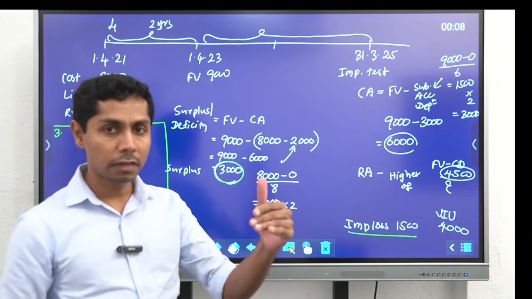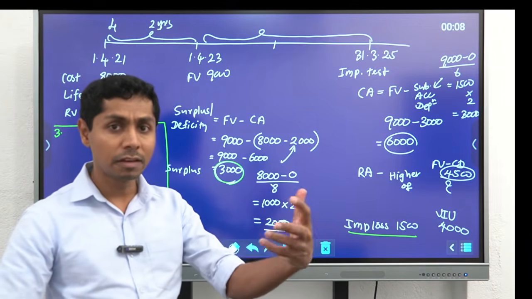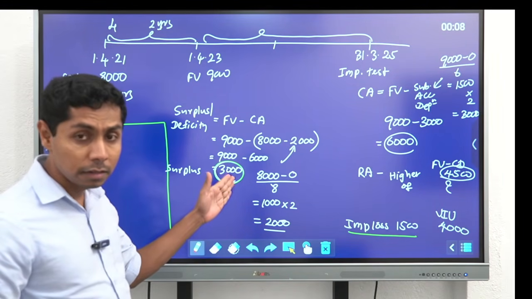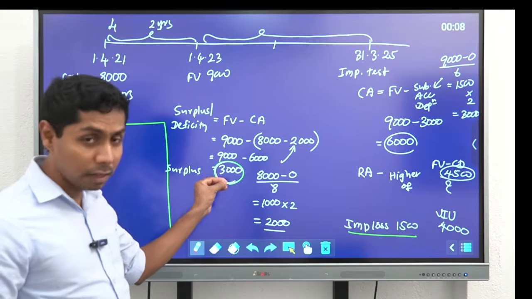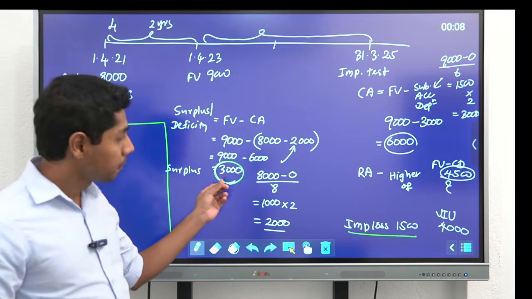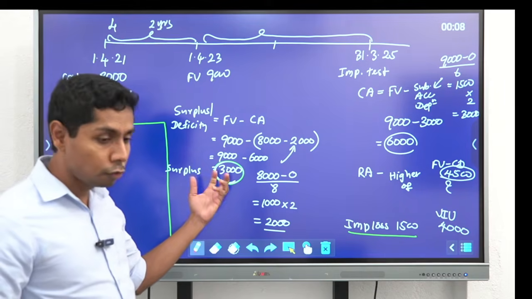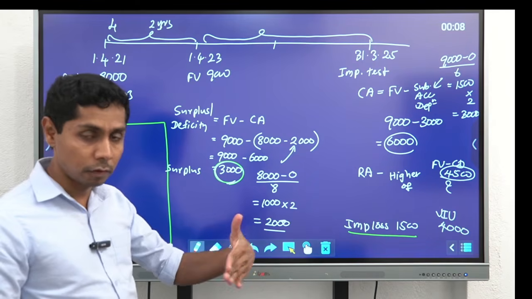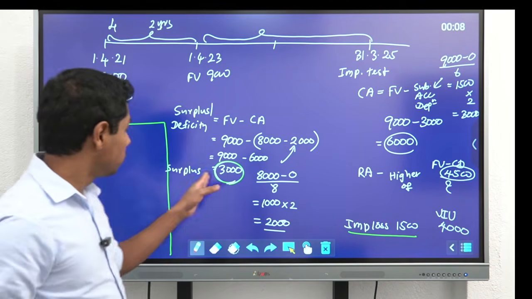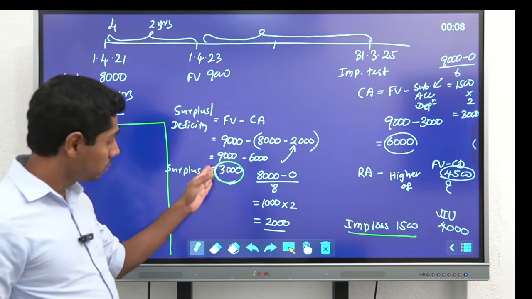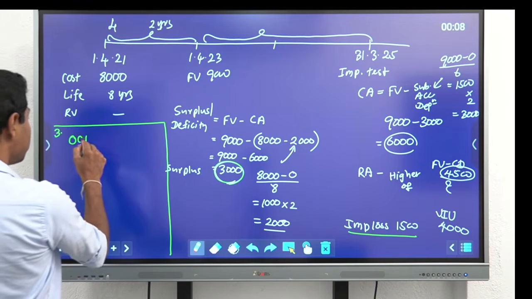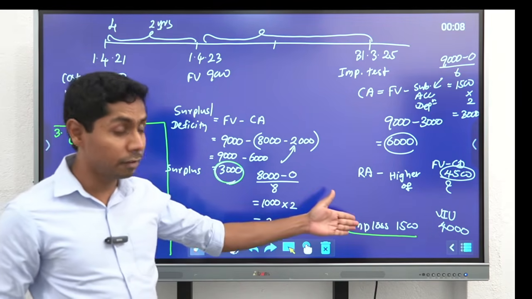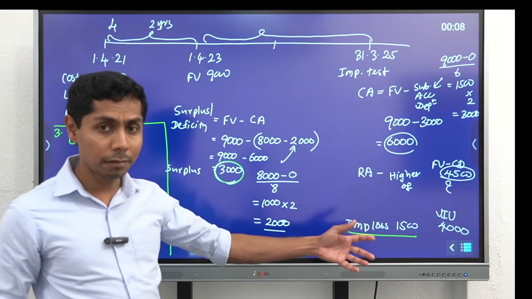As we are going with the revaluation model, it is treated as a revaluation deficit. We have a previous surplus, so we reverse it. Maximally we can reverse 3,000. The reversal should be done in the same place where the surplus was originally recognized. This was originally recognized in OCI, therefore OCI debit. But how much? Can we debit 3,000? No, because the subsequent revaluation deficit is 1,500. So we can reverse 1,500.